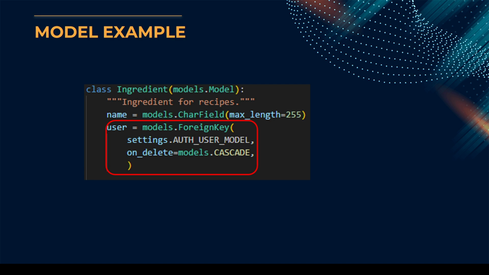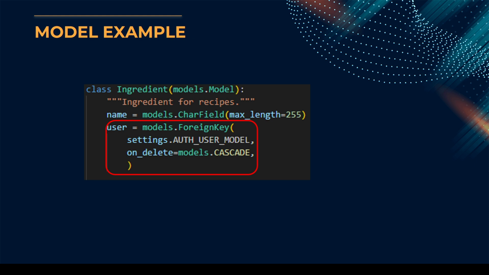We also define behaviors here, such as what should happen when a user is deleted. In this case, we use cascade, which means that if the user is deleted, their associated ingredients will be deleted as well.